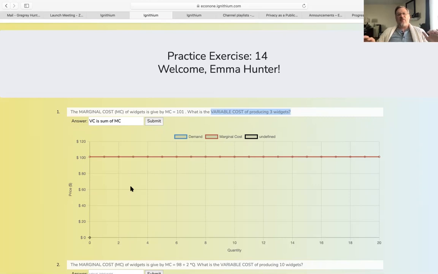And then the other thing that folks sometimes have difficulty with later on is they think that all of the units should be able to be produced at the same additional cost. So if producing the second unit costs me $5, then why does it cost more to produce the 6th unit, if it costs, let's say, $10 to produce the 6th unit?